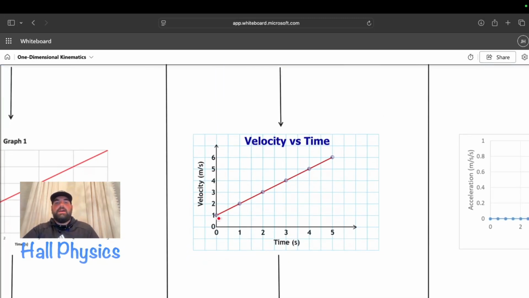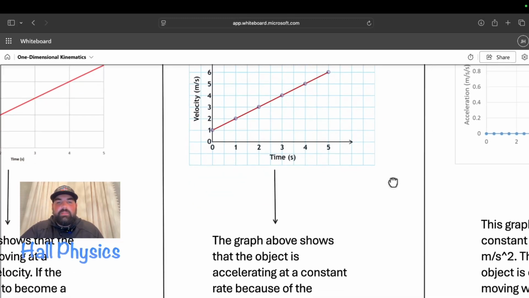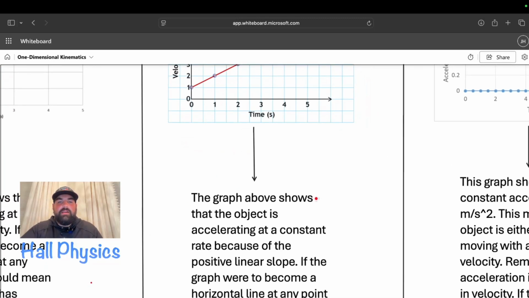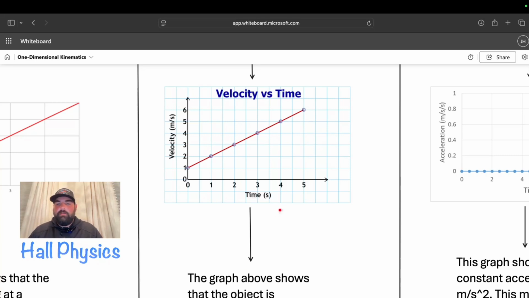Anytime you see a linear line in a positive manner, that means the object is accelerating at a constant rate. The velocities are changing at a constant rate.